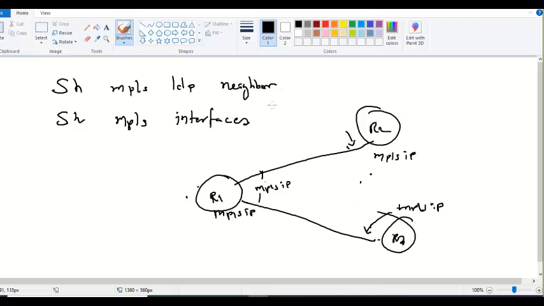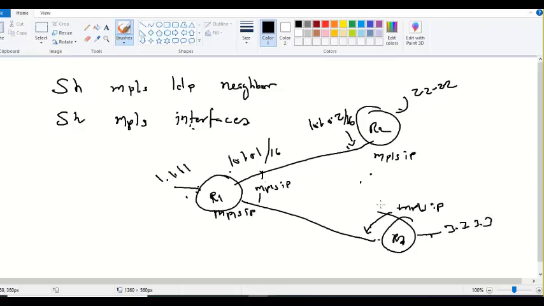Then I tried pinging this address. When I try pinging the directly connected router's IP address, I'm able to ping.